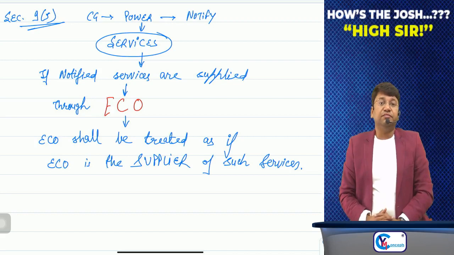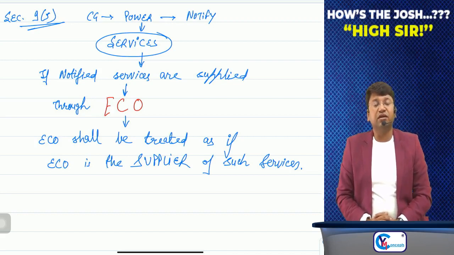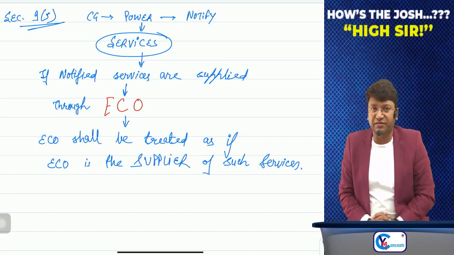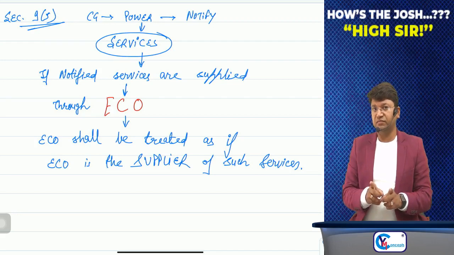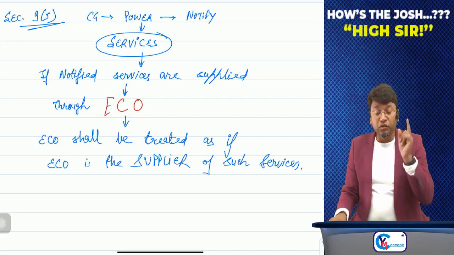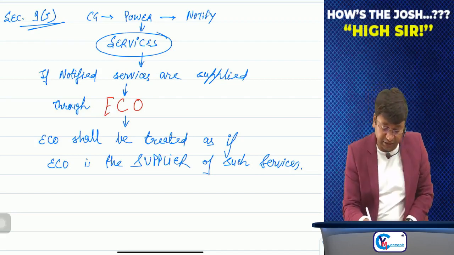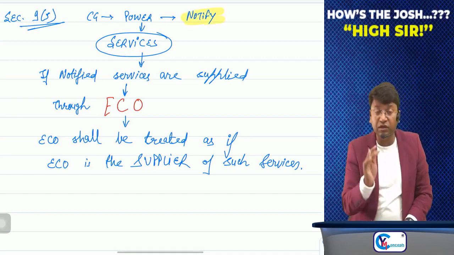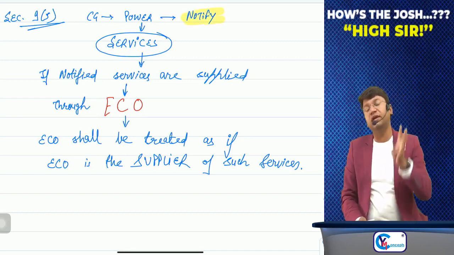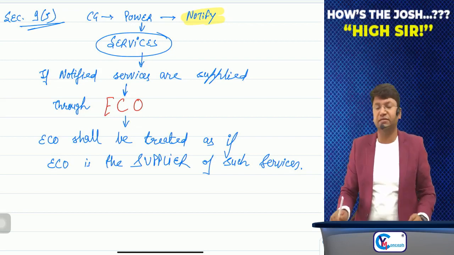I repeat, section number 9 subsection 5 says that government has the power to notify certain services, only services. And in case of those notified category of services, see, not all services, only notified category of services, and at present only 4 category of services are notified here.